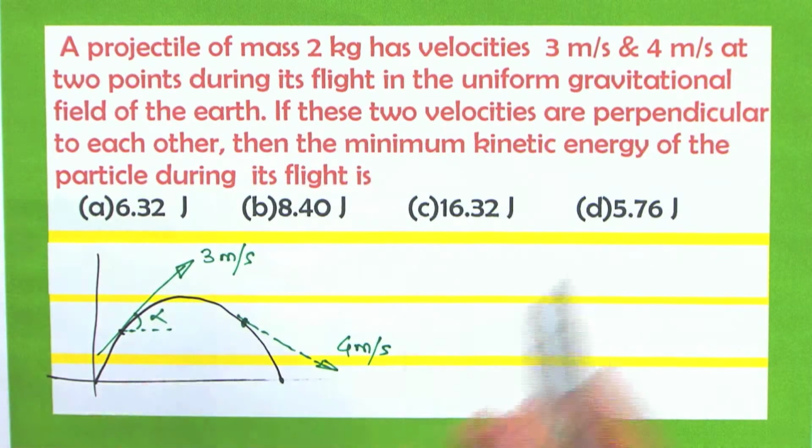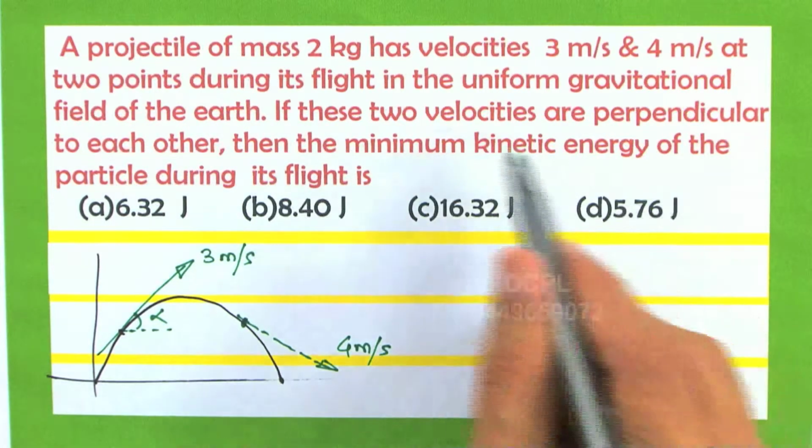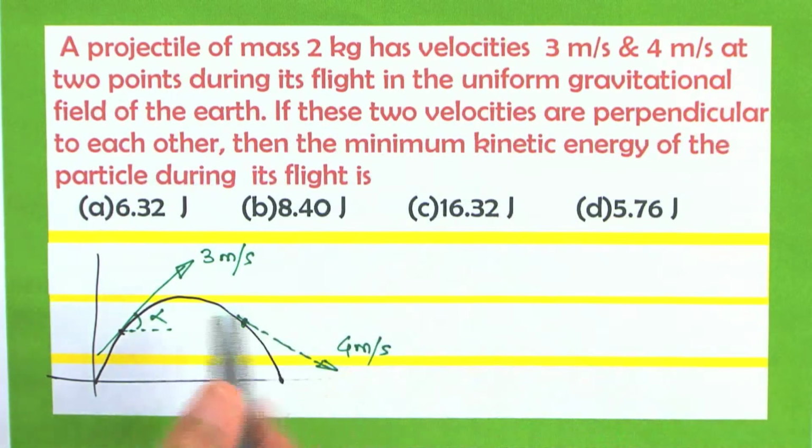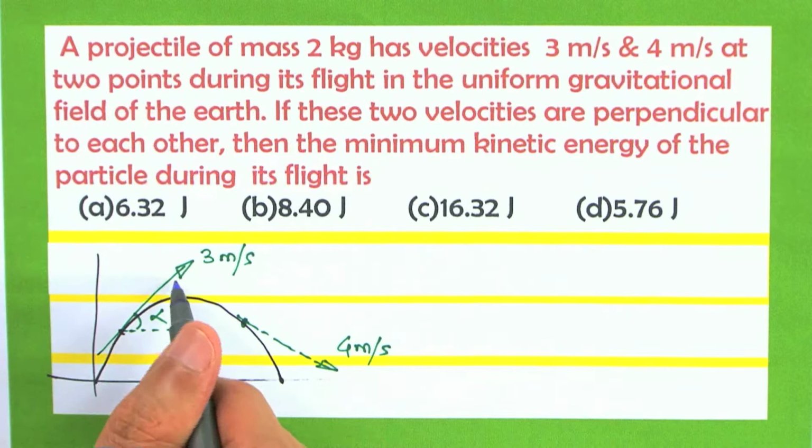But because he has said that the two velocities are perpendicular to each other, let me extend this and try to check what relation is there between the angle made by this velocity with the horizontal and the angle made by this velocity with the horizontal.